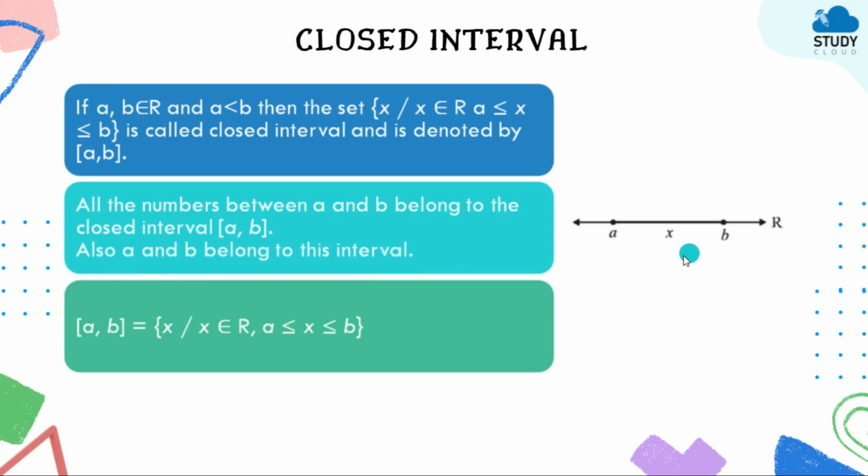So when you talk about this particular interval, all these three will come here, because here we are keeping the sign of less than or equal to. So [A, B] is equal to X belongs to R and A is less than or equal to X and X is less than or equal to B. So X is in between and A and B are on the extreme sides, but A and B will also be in this interval. Hence it is known as closed interval.